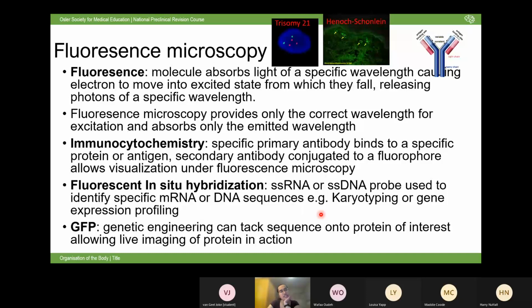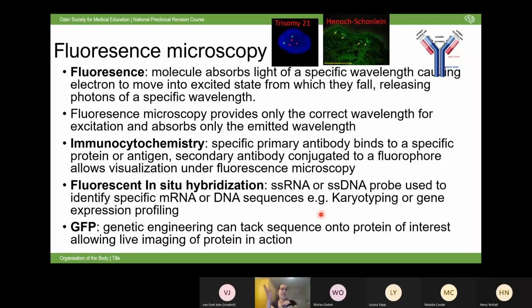And then we're just going to quickly go through what fluorescence is. So, you know, go back to A-level chemistry and physics. Fluorescent molecules are ones that have an electron at a given energy level that is able to absorb light at a specific wavelength that has the perfect amount of energy to move that electron up to a higher energy electron level.